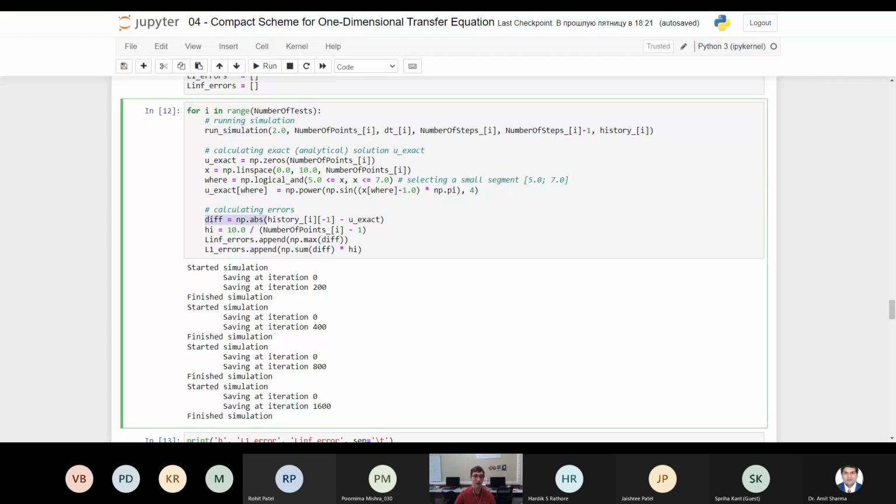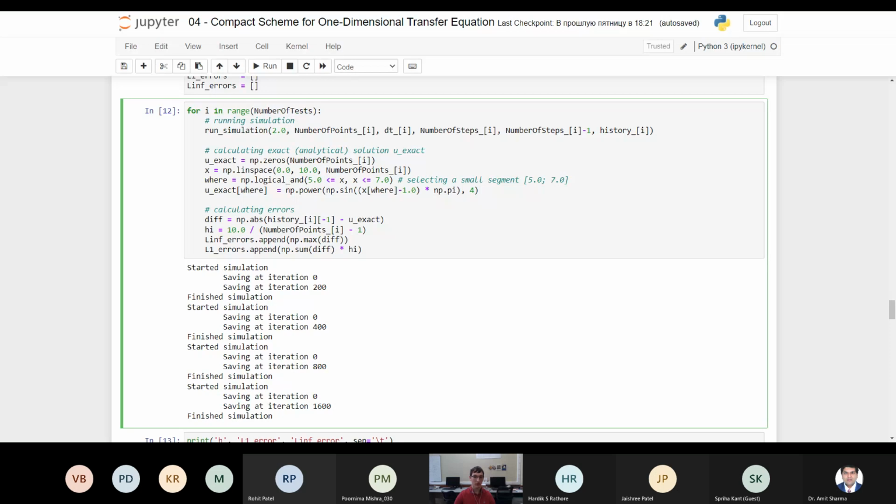First, we take the absolute difference between the exact solution and the analytical solution, which is stored in the history array. I means the current test, and -1 means that the last saved values will be taken, meaning the last time step.